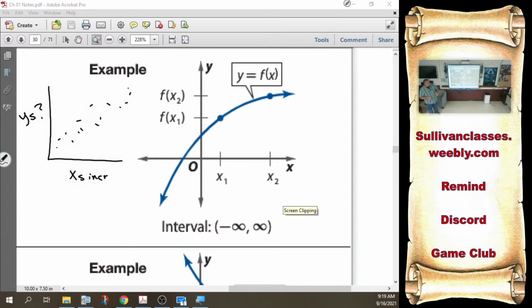Okay? So think about real world things. As this increases, this also increases. The amount of time that you work, the amount of money you earn. Yes. Is it always fair? No. But the more you work, the more money you'll get. Now, not compared to other jobs, but in your specific situation, yes.